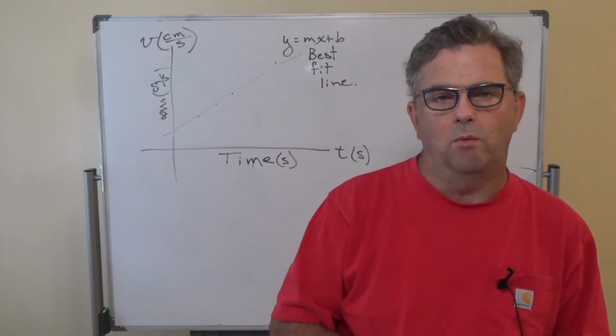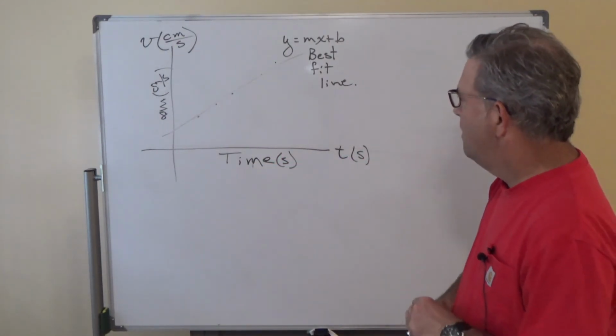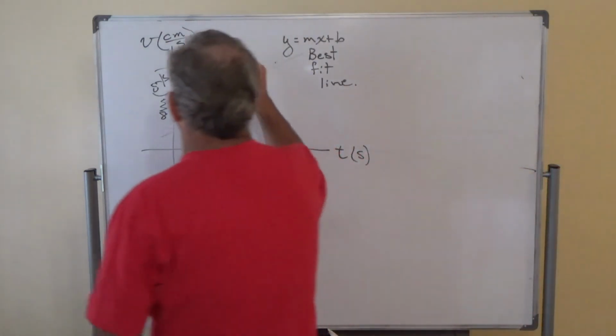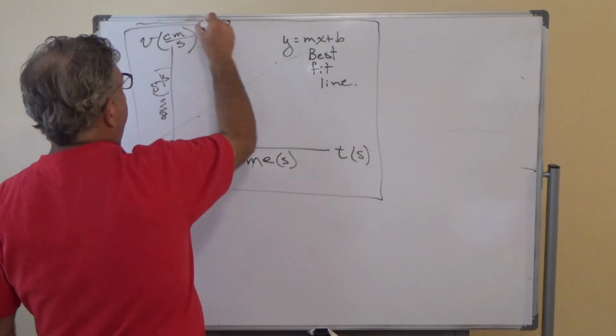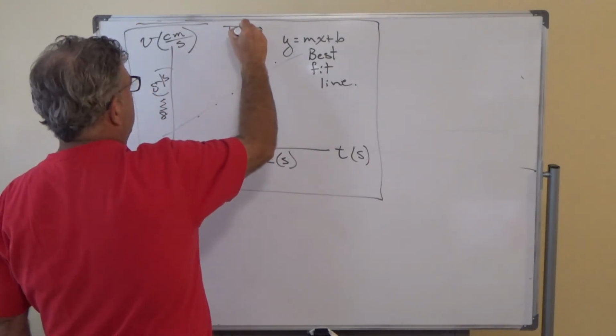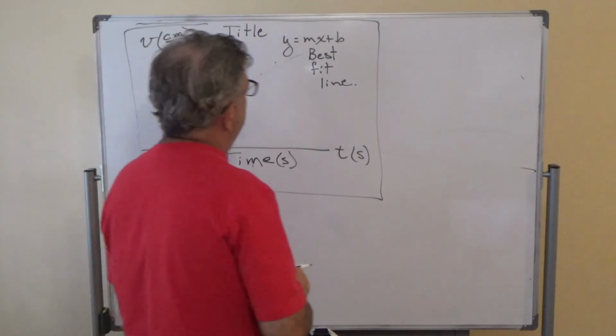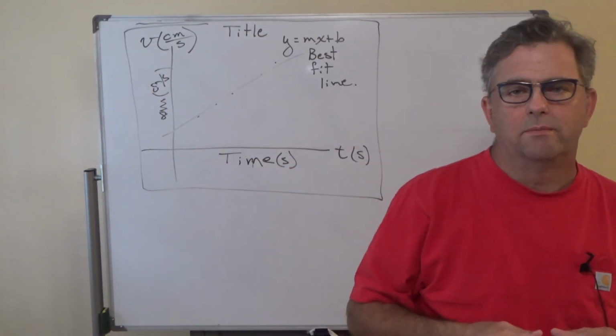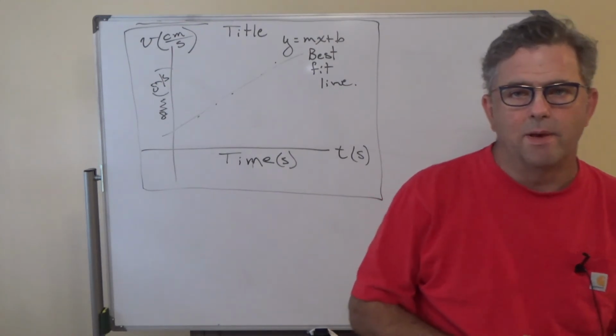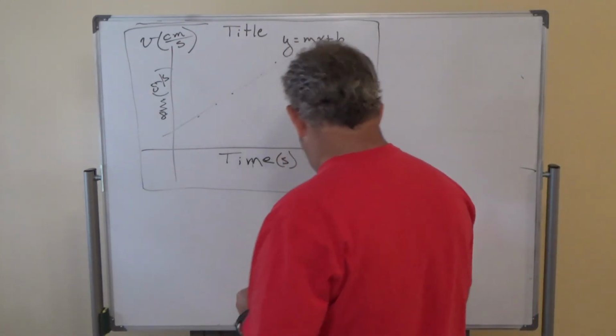Okay, that's plot one. Also, make sure that you put this in a box and you have a title. Velocity versus time. Whatever you want to name it. That's plot one.